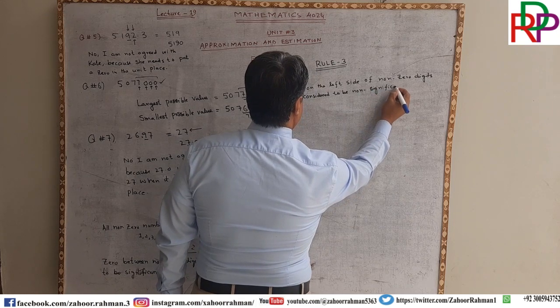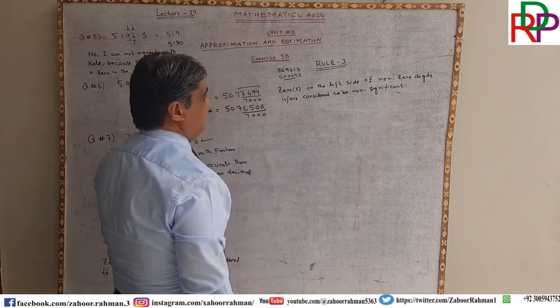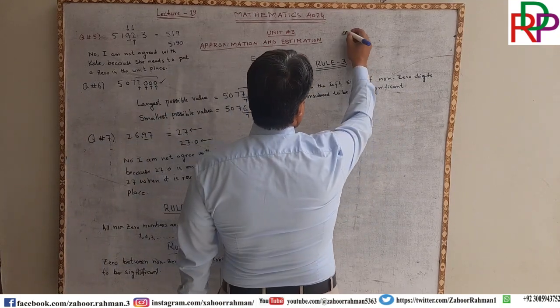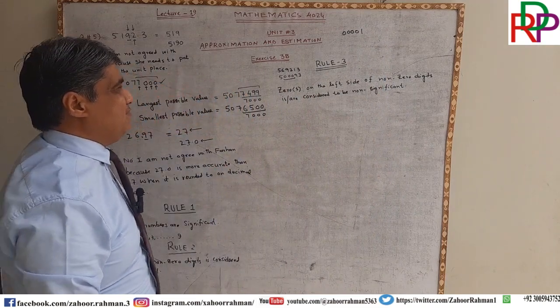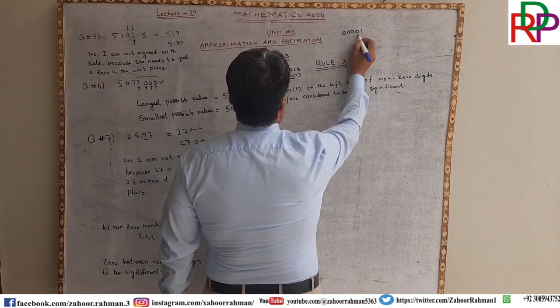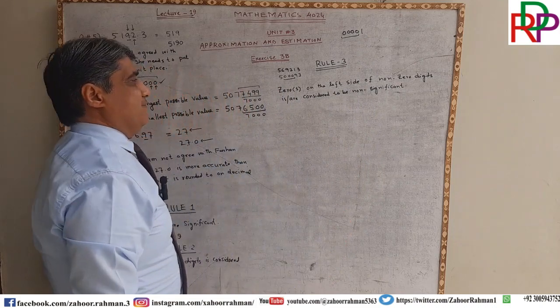Non-significant. What does it mean? It means that if there are 100 zeros on the left side of this non-zero number, they are non-significant.